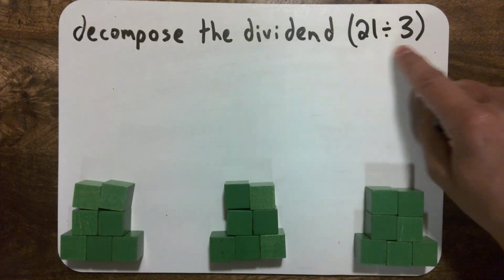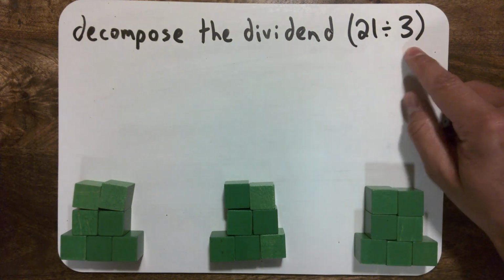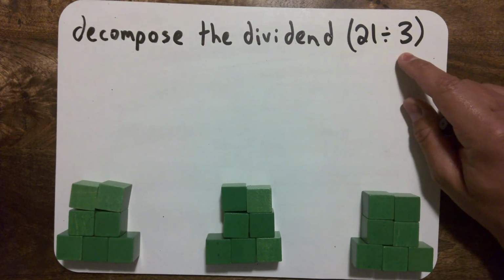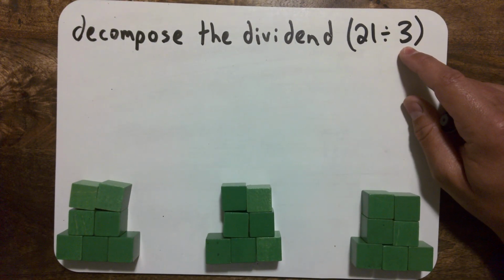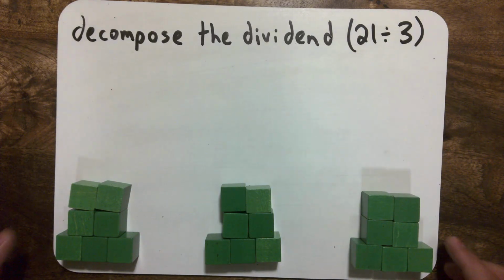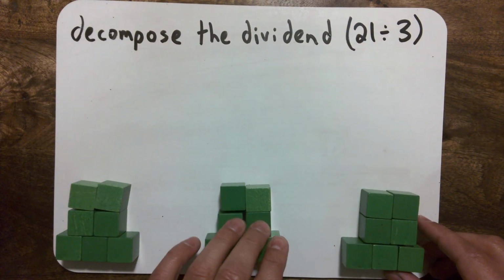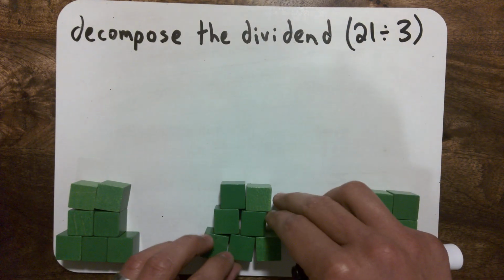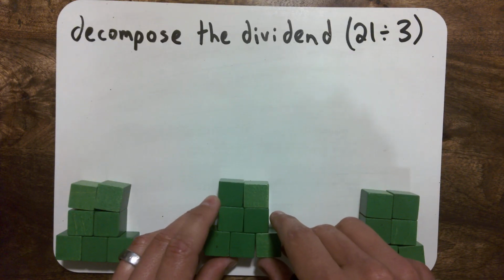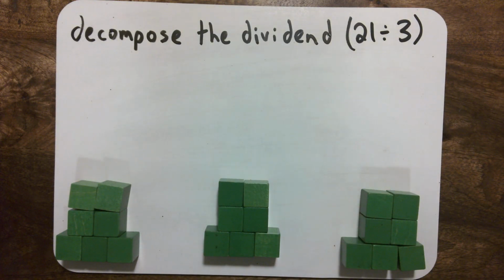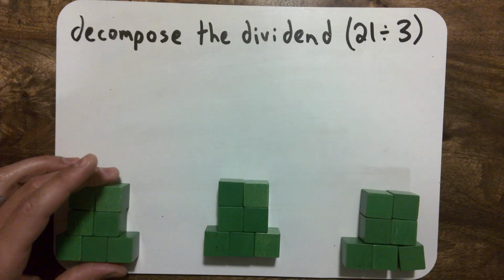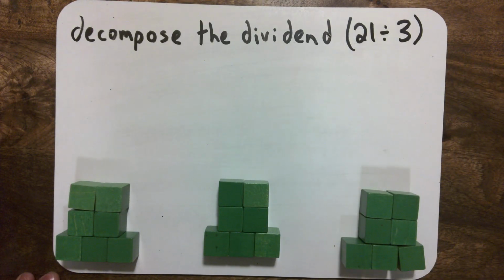For example, if we did 21 and tried to decompose this 3 into 2 plus 1, we would end up having 2 groups that have a size of 10.5 and 1 group that has 0. So we don't have equal groups, so we're not able to do that in that multiplicative structure related to division. You can only decompose that dividend, but we can decompose that however we would like.